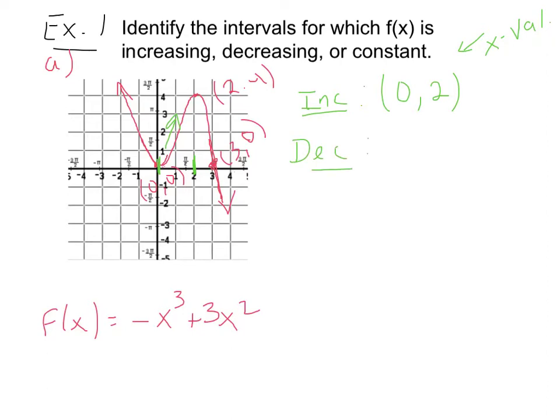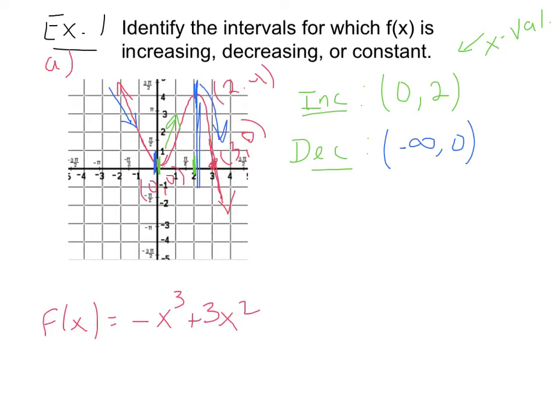So where is the function decreasing? Well, the function is going in a downward direction, and it changes down here at 0. So from negative infinity up to 0, the function is decreasing. As well as, if we look over here, from here on, the function is going down as well.